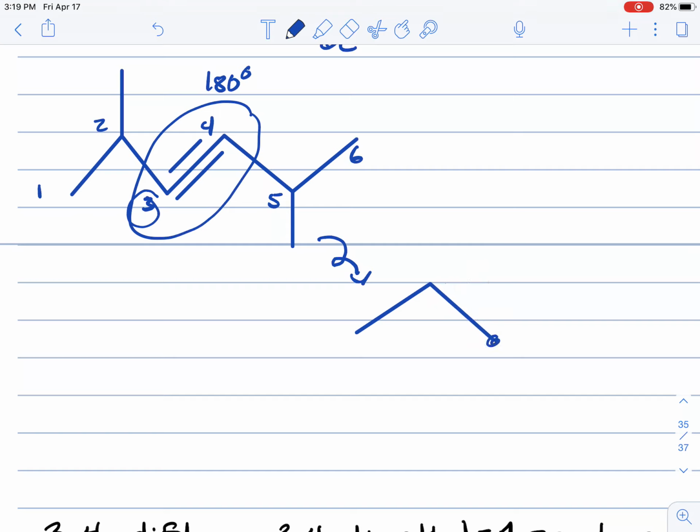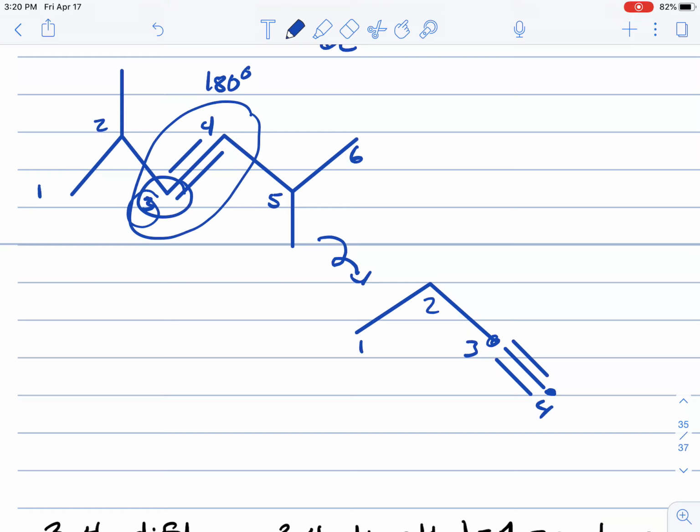This is 3, so 1, 2, 3. So notice 3 is where the triple bond starts. And so that means from 3 to 4, I cannot bend it. I have to represent it as a line or a triple bond. And so this is going to be carbon 4.